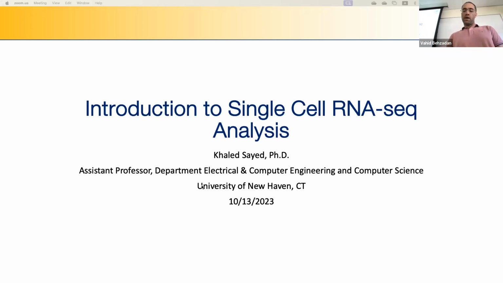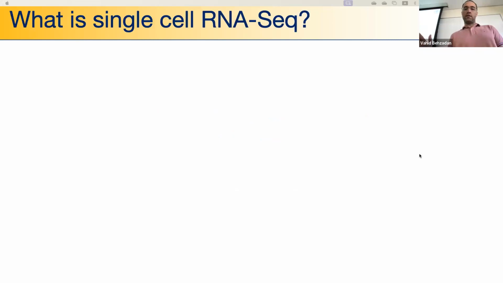So everyone has different copies of the DNA, and each cell has the same DNA, right? But different cells perform different functions, right? So how does this happen? How do you differentiate between a lung cell from a brain cell from a skin cell, even though all these cells have the same DNA? It's basically because of the RNA.